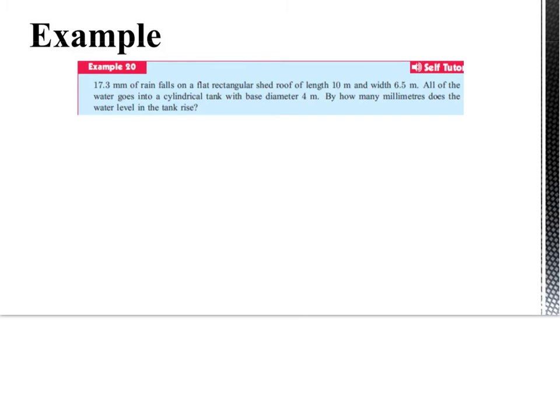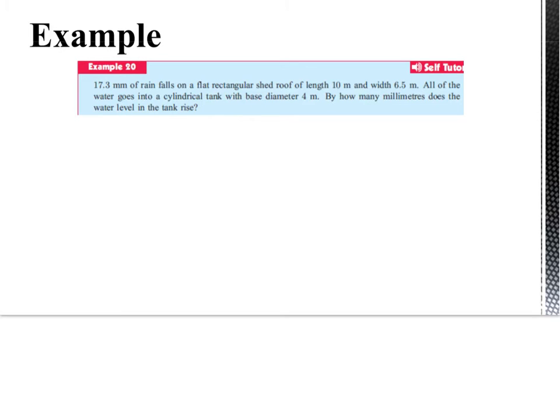Then it says 17.3 millimeters of rain falls on a flat rectangular shed roof of length 10 meters and width 6.5 meters. All of the water goes into a cylindrical tank with base diameter 4 meters. By how many millimeters does the water level in the tank rise? The first thing we need to do is look at the dimensions of the roof on the rectangular shed.